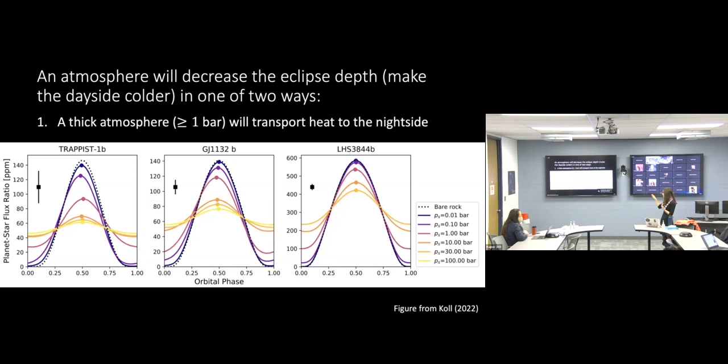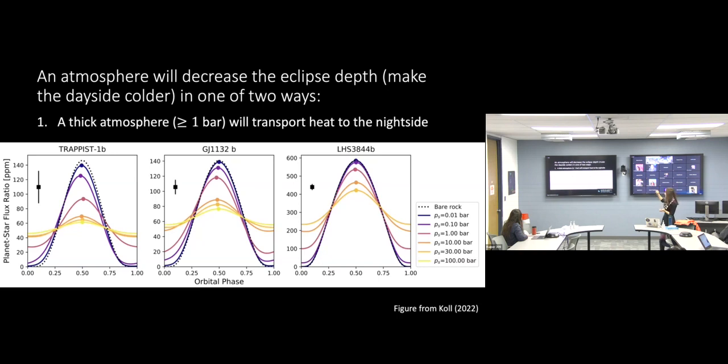So here I'm showing some models of phase curves for a couple different terrestrial planets. The black dotted line on all of these is a planet that's just a bare rock. So for all of those, you can see that the day side, which is at a phase of about 0.5, is very, very hot, and the night side at a phase of 0 and 1 is very cold.